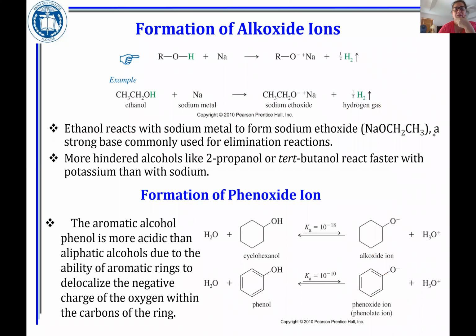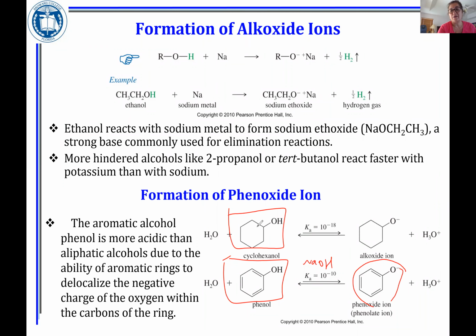And how would the acidity of cyclohexanol versus phenol work in a chemical reaction? If you have phenol, you don't have to bring sodium or potassium to change it to phenoxide. You can just use sodium hydroxide. With sodium hydroxide, phenol can change to phenoxide.